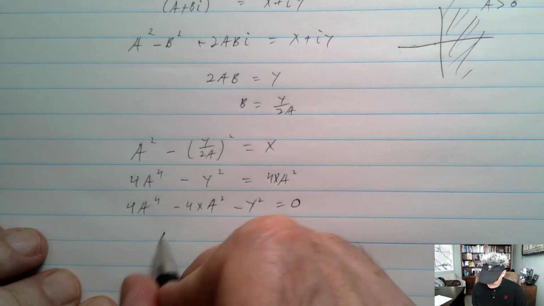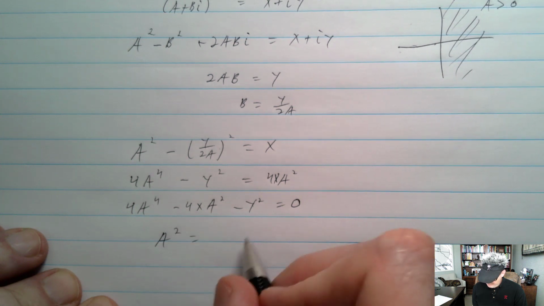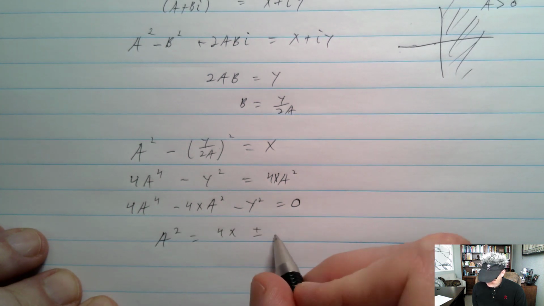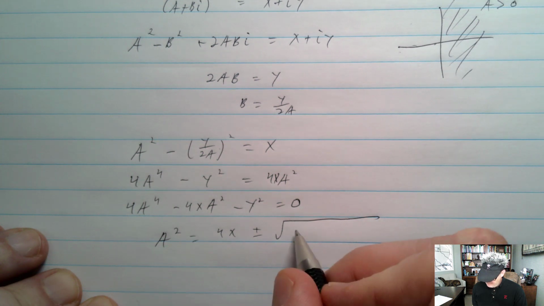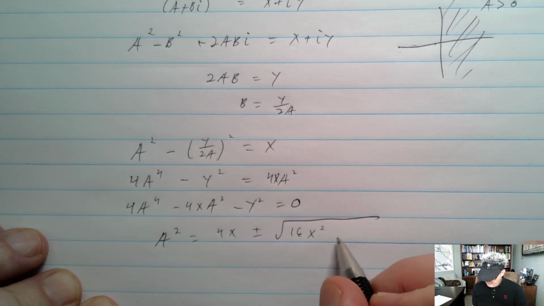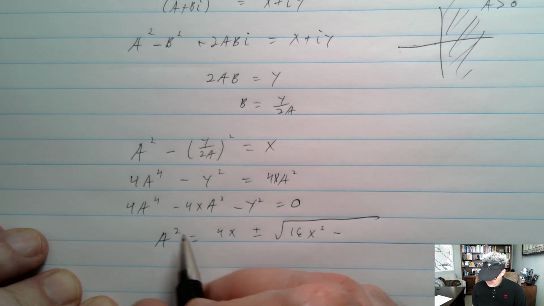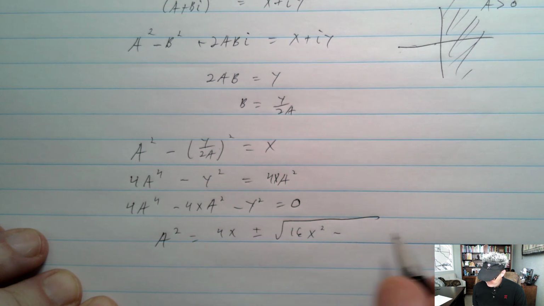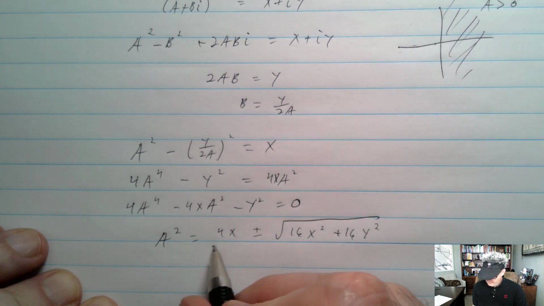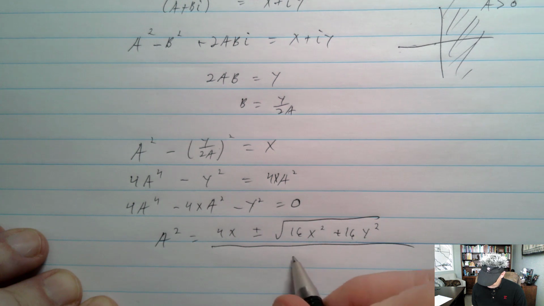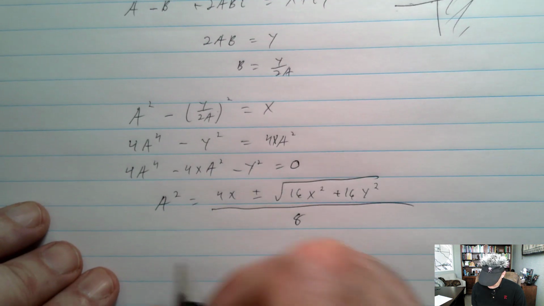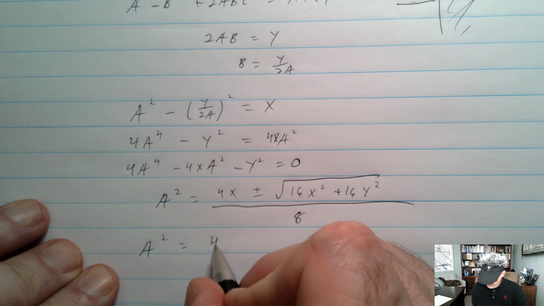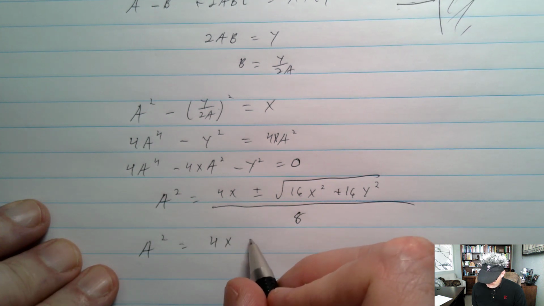So we can solve for a squared. A squared will be negative b, which is 4x, plus or minus the square root of b squared, which is 16x squared, minus 4ac, which will be plus 16y squared, all over 2a, which is 8.